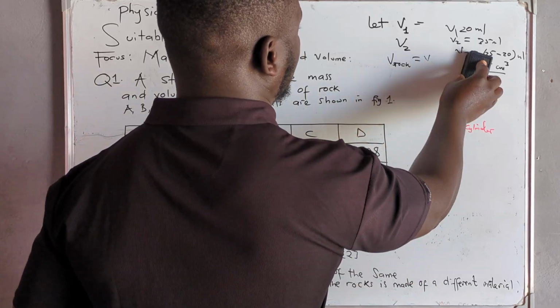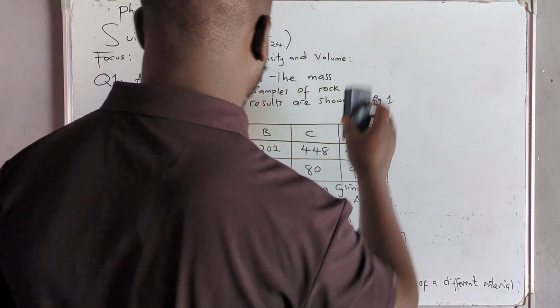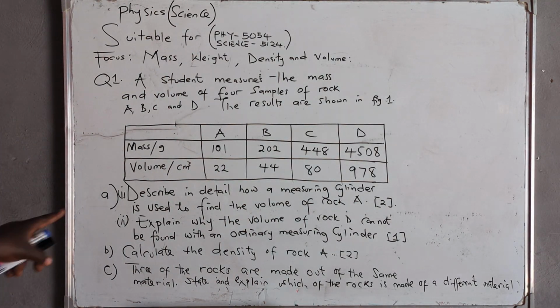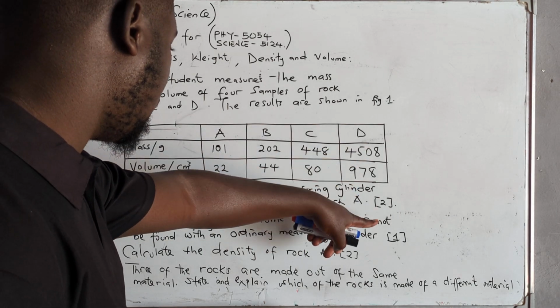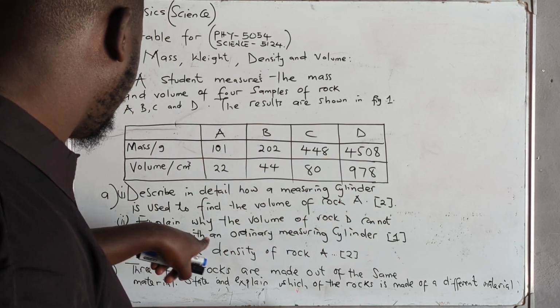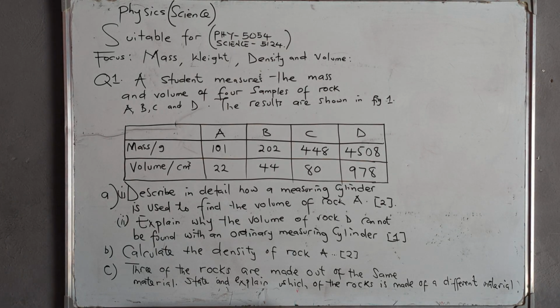So this is B: explain why the volume of rock D can not be found with an ordinary measuring cylinder. Just 1 mark for that one.